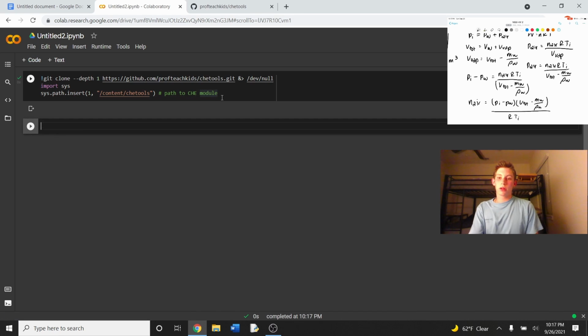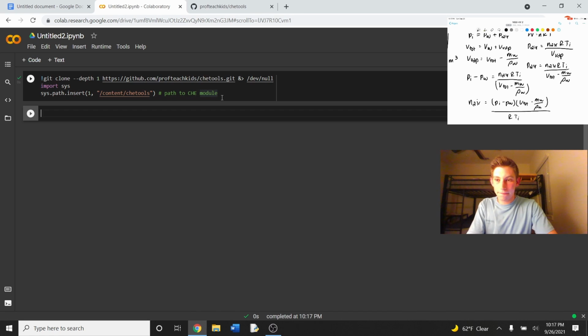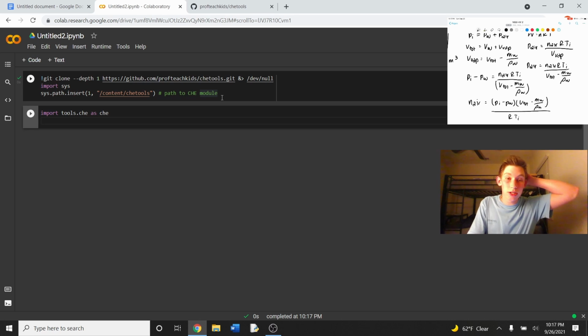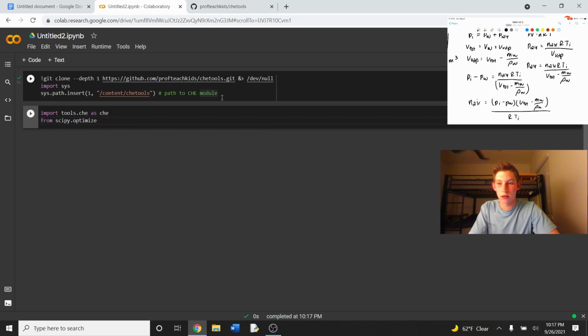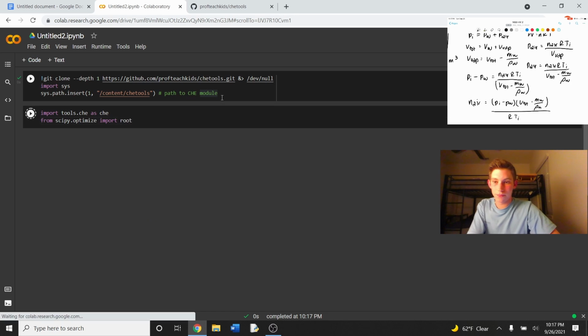So let's start by importing the tools from that module. We'll call that CHE. And then we also need to use the root calculator so we can find our unknowns. So from scipy dot optimize import root.